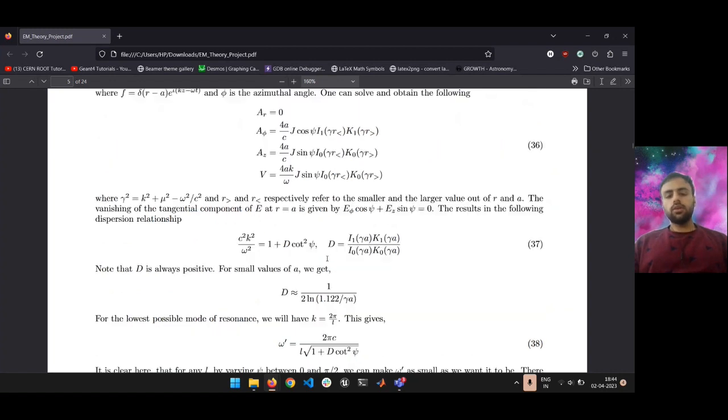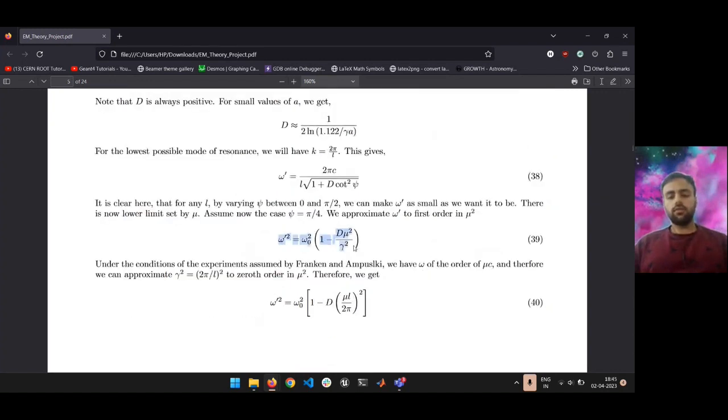Now what they do is compare this dispersion relationship with the one that Franken and Ampulsky used before. In the assumption of a very small a, and by again using geometrical properties and determining k, this is the result that they get for small values of a.